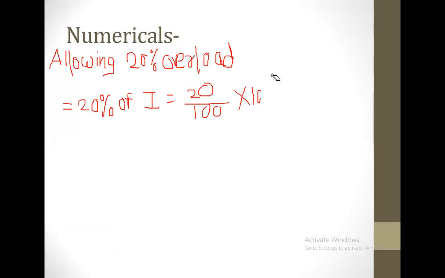This is the overload current, 1.75. That means from one phase, how much amount of current will flow?